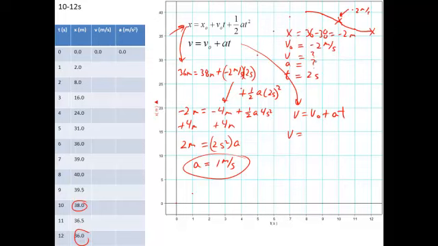My initial velocity, again, is negative 2 meters per second. That was the final velocity for the previous section. The acceleration we just calculated is 1 meter per second squared. And the time is 2 seconds, because it's taking 2 seconds to get from 10 to 12. So my final velocity in this case is going to be 0 meters per second.